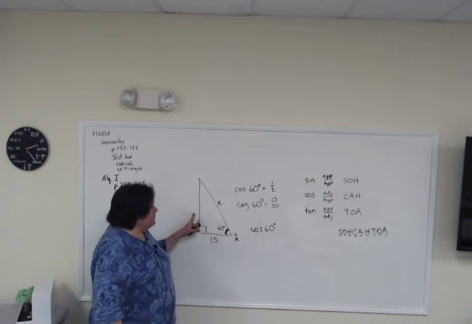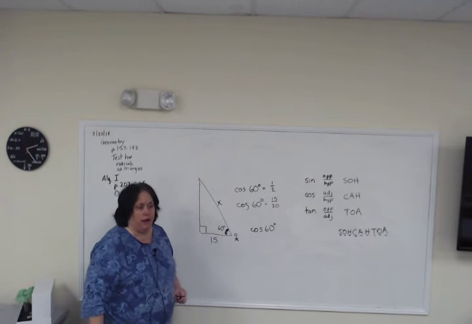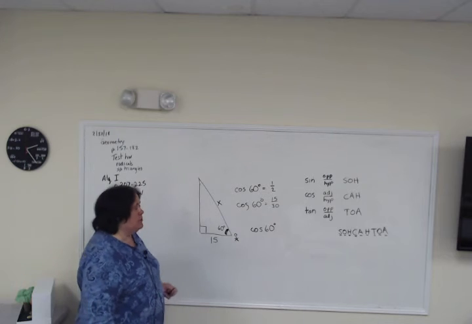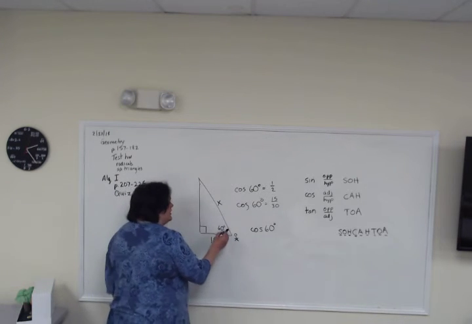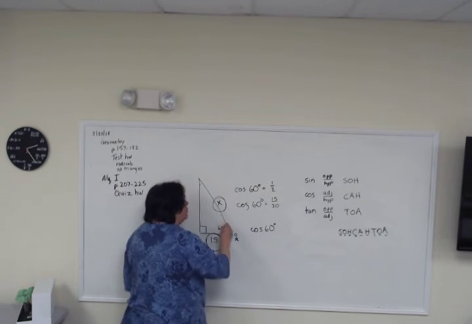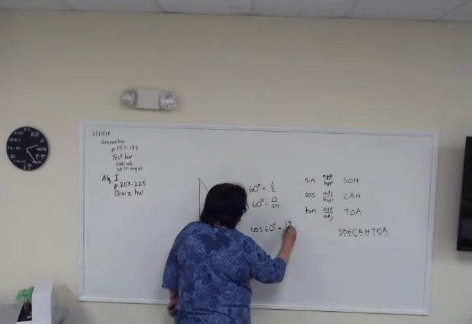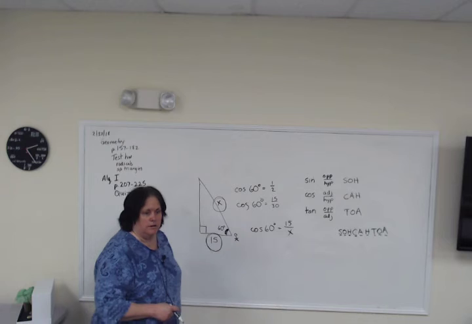I was thinking about this one to this one, but it's the adjacent side to the hypotenuse. I was just throwing out sine there without thinking. So cosine of this angle is always going to be whatever this is over whatever this is, right?